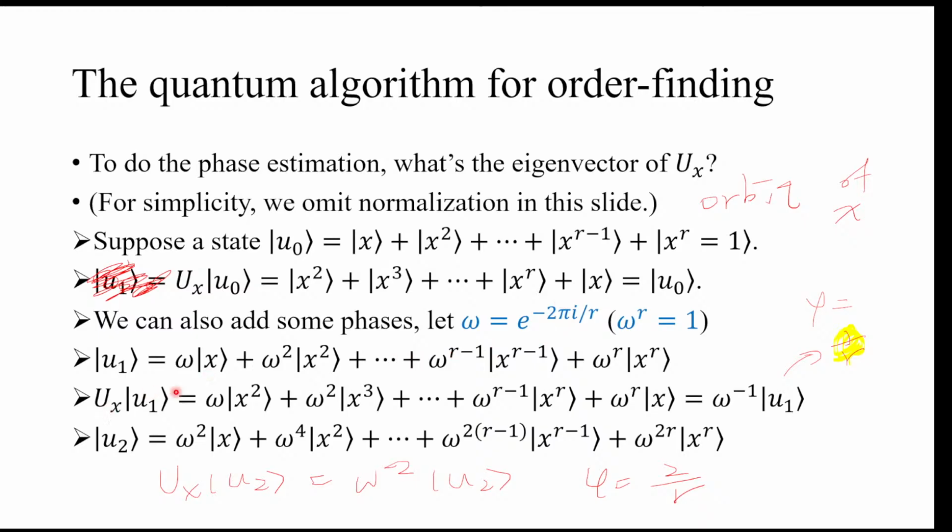Then you apply Ux on it, and on this u1 you get eigenvalue omega to the minus 1, because you shift everything, you increase the power of x by 1 on everything here, so that's equivalent to decreasing the power of omega by 1 here. And similarly, you can have u2, etc.